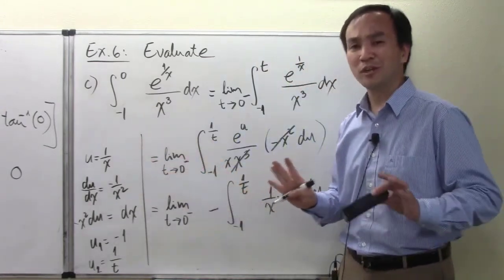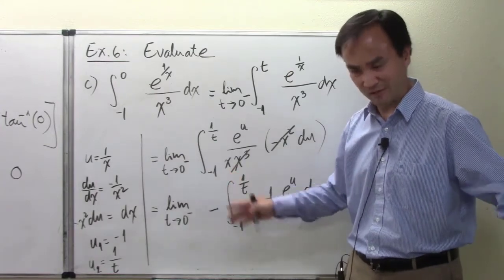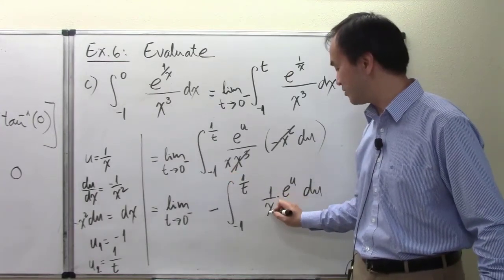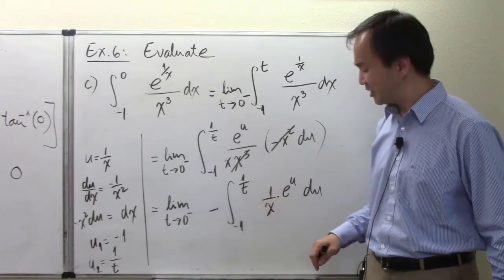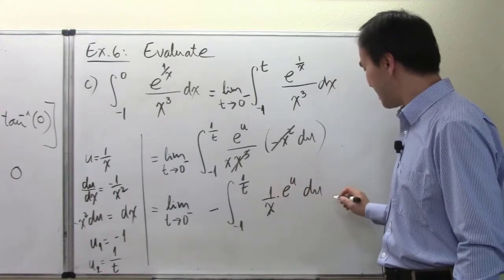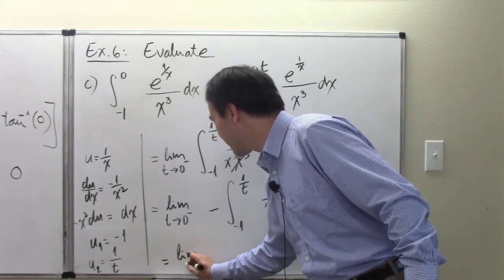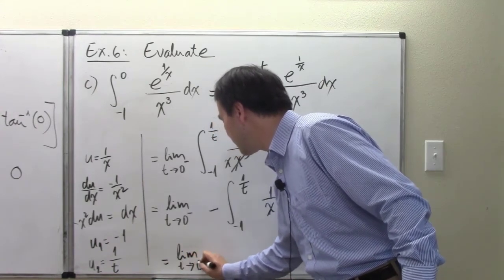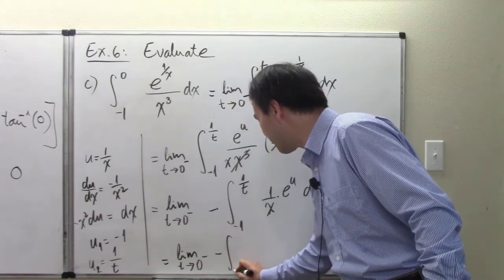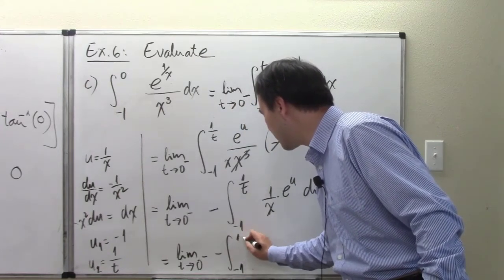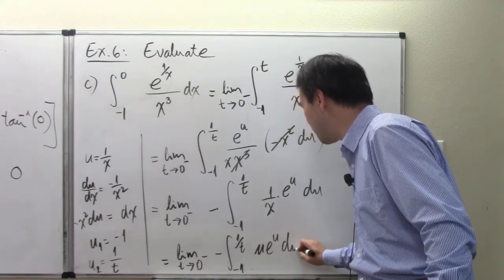The world of substitution problems is such a limitless world out there, and you have so many ways to be creative. That's why I said there's no right or wrong in how you choose your substitution. So your problem in the end becomes the limit as t goes to 0 from the left hand side of minus the integral from negative 1 to 1 over t of u times e to the u du.